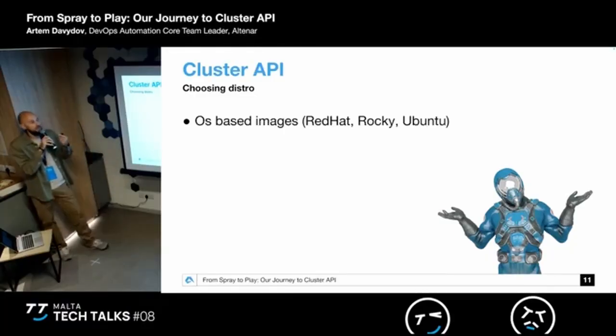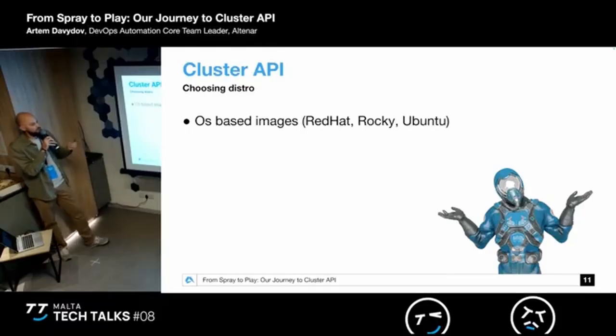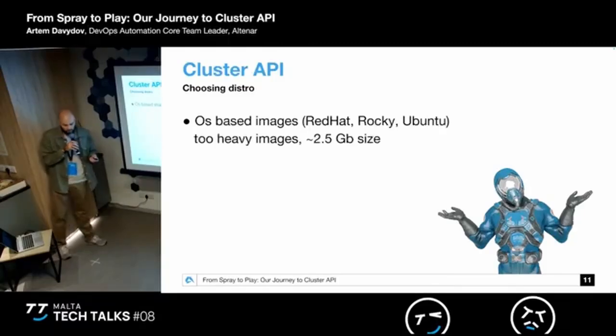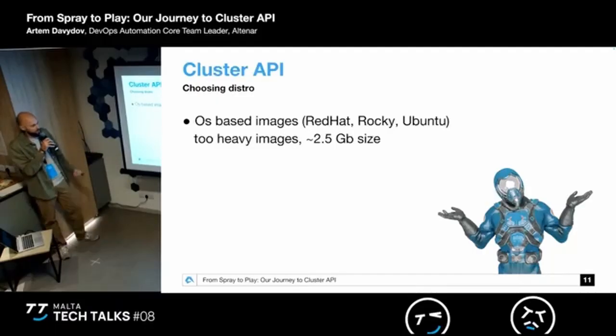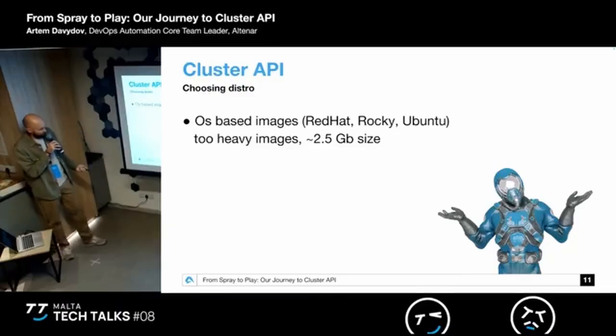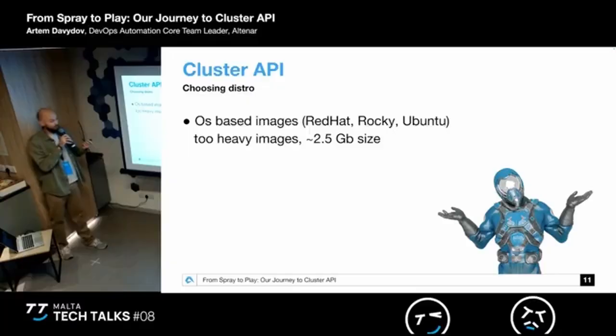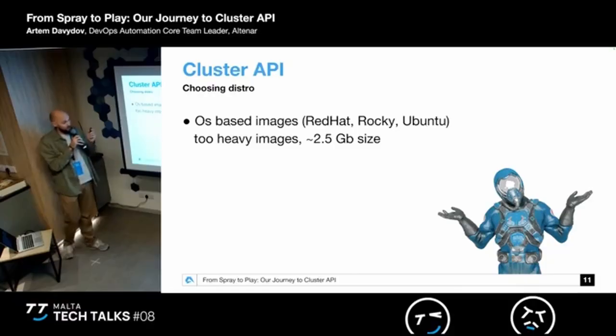For the first time, we started to look at OS-based images, because we already have experience with Red Hat, Rocky, and we declined it because these images are really heavy.